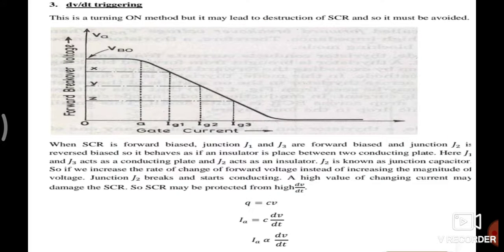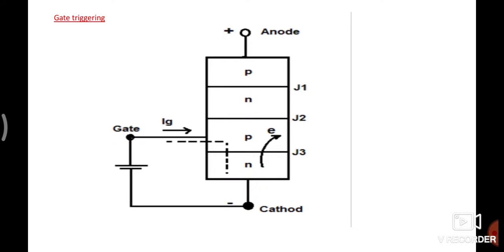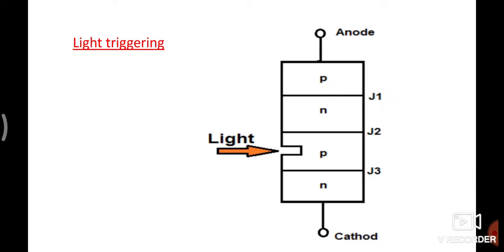In gate triggering, we are applying the gate pulse, using some voltage to trigger the SCR. Here we use the same concept, but we are not applying any voltage; we are just applying light with a certain intensity.